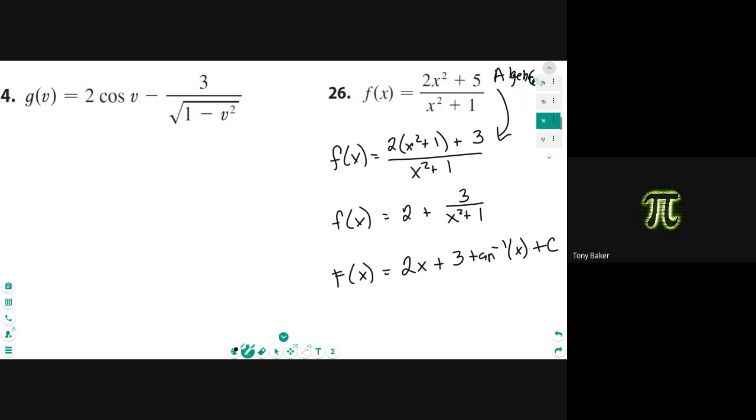So what do we got? What's the derivative of cosine of v? Sine v. What's the derivative of 3 over the square root of 1 minus v squared?